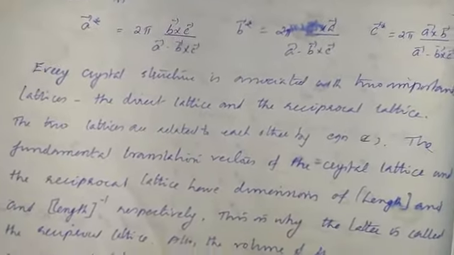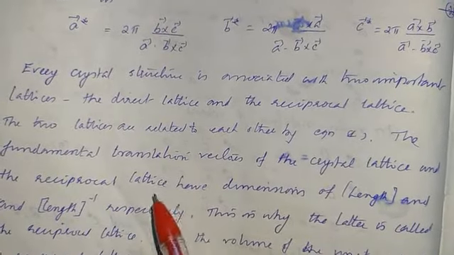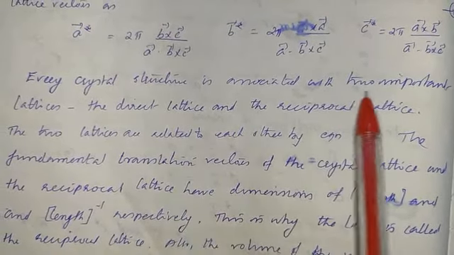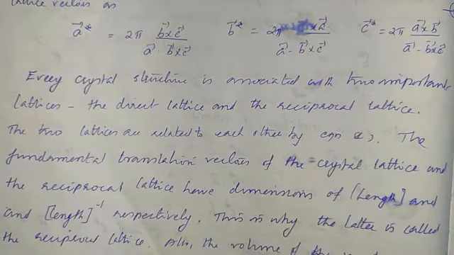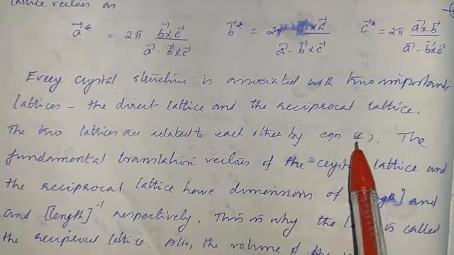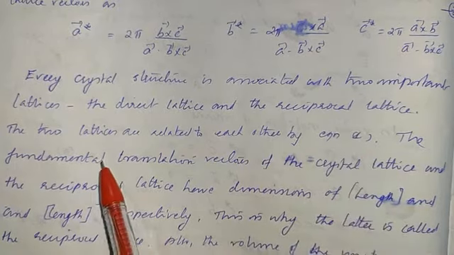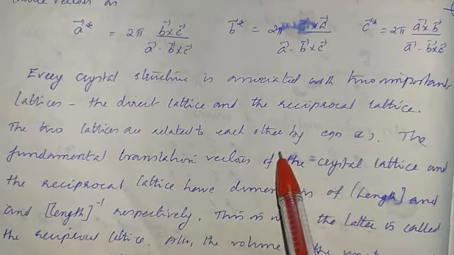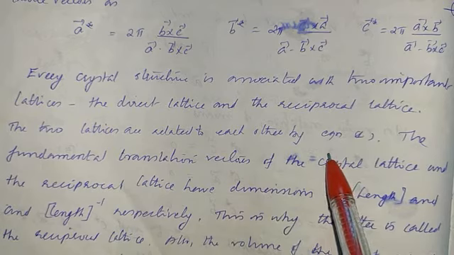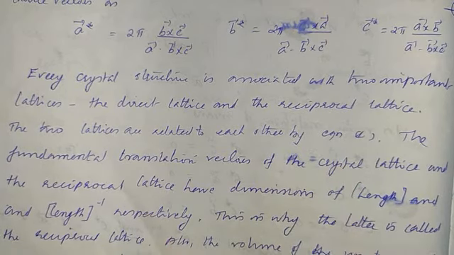Every crystal structure is associated with two important lattices, the direct lattice and the reciprocal lattice. The two lattices are related to each other by the previous equation.